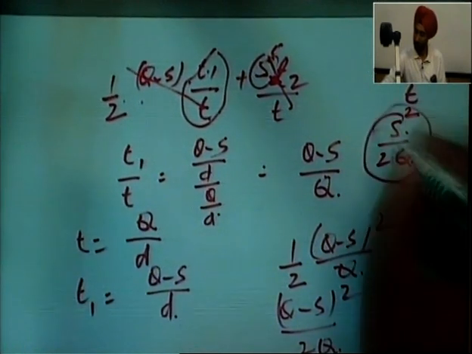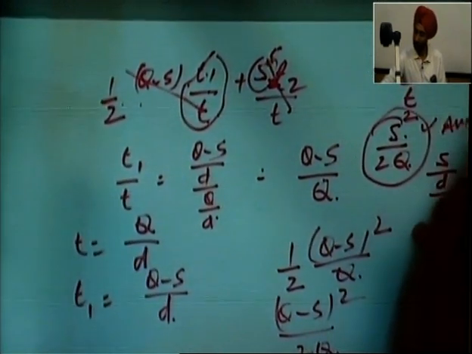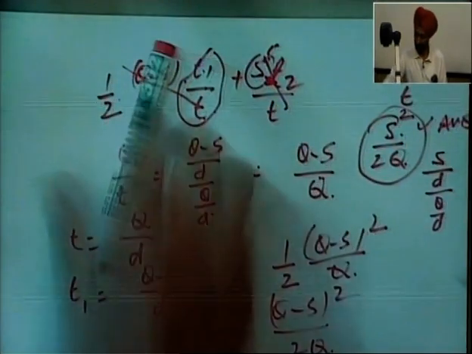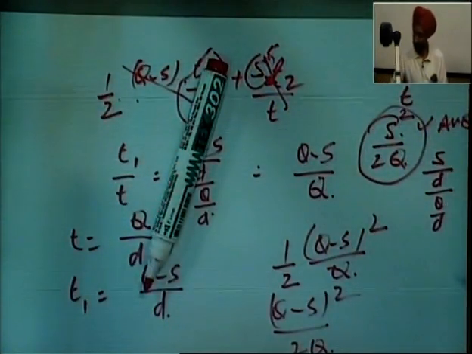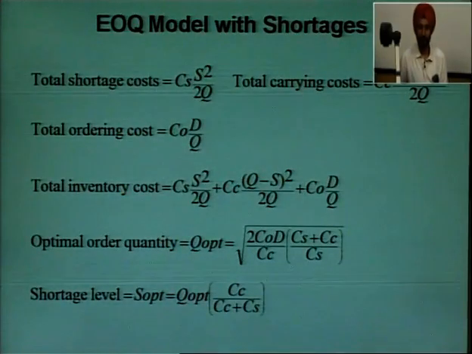Now, these are our average shortages. So, now we will employ the respective costs here. So, these are the average shortages, S square by 2Q, and this is the average inventory.